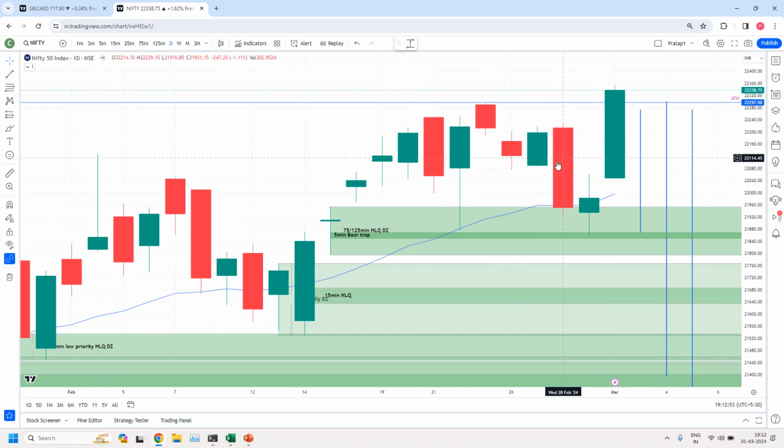And now this is going to be a new demand zone, drop, base, rally. This is the daily demand zone. And probably the ranges will also change. That we will discuss in our next Nifty and Bank Nifty supply demand zone chain video generation during this weekend. Now this is going to be the new demand zone.